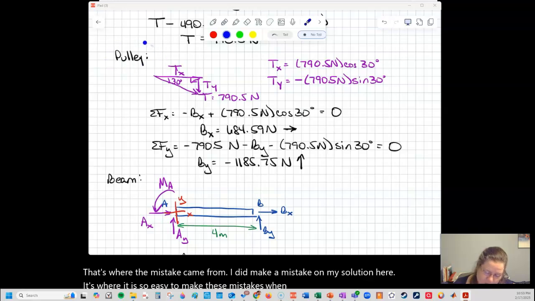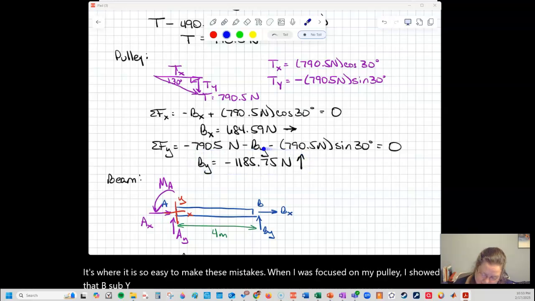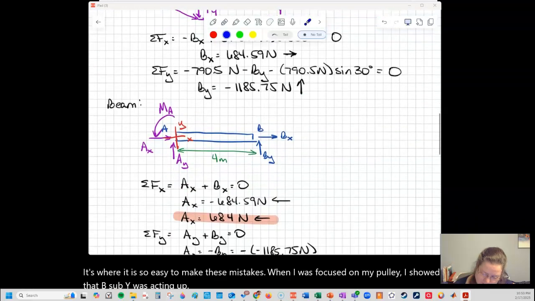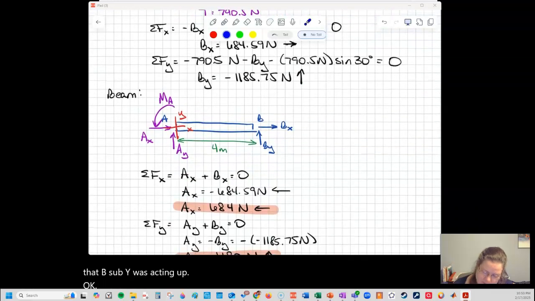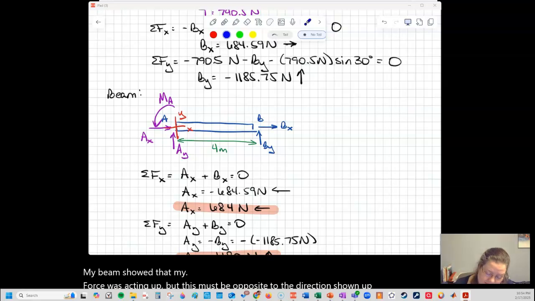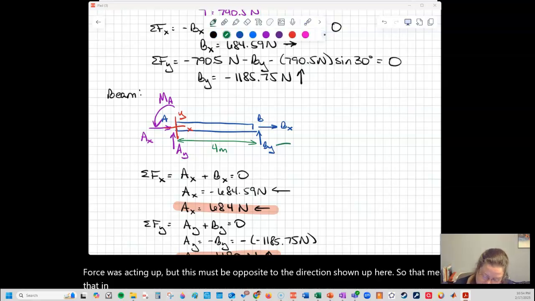When I was focused on my pulley, I showed that B sub y was acting up. My beam showed that my force was acting up, but this must be opposite to the direction shown up here. So that means that in actuality, this force is acting down.